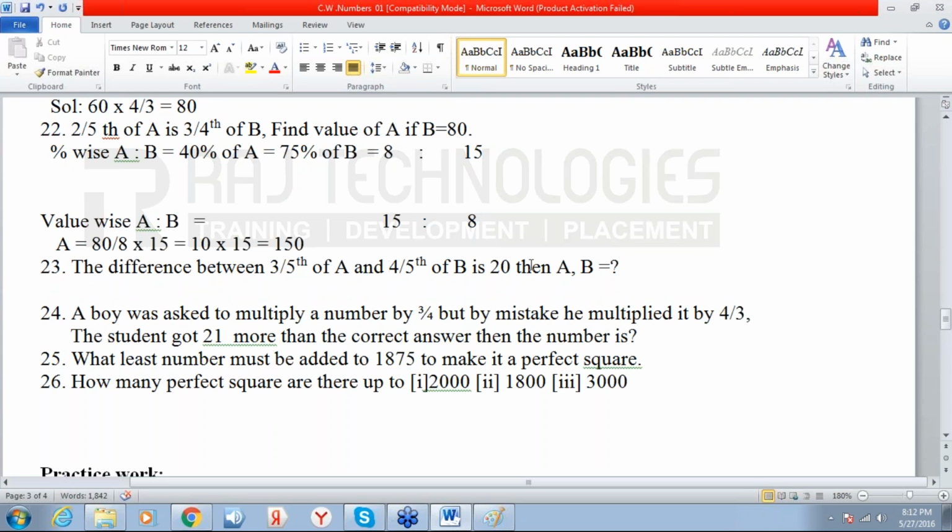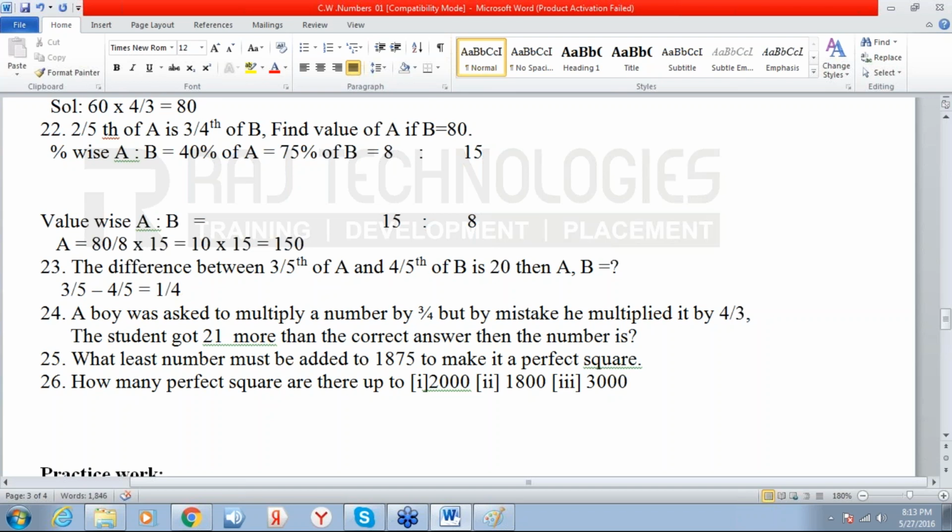It says 3/5 of A is 20 more than B. Actually, the question should be 3/5 of A is 20 more than 4/5 of B. So the difference between 3/5 and 4/5: 3 by 5 minus 4 by 5 is equal to 1 by 5.